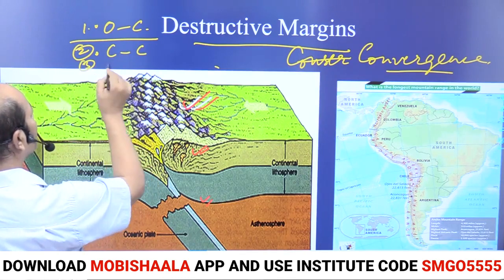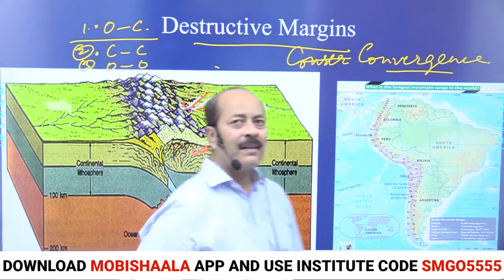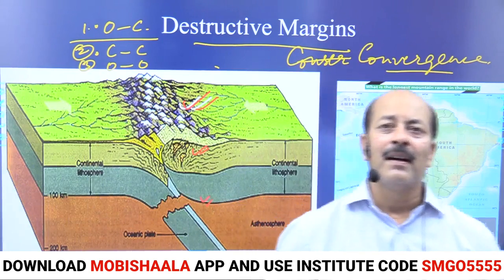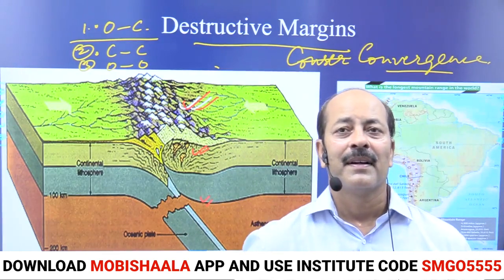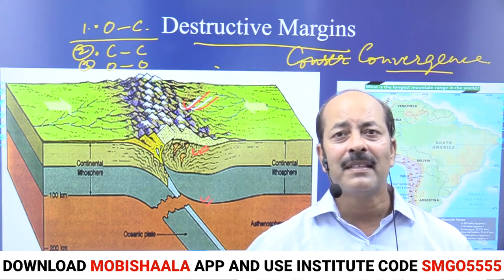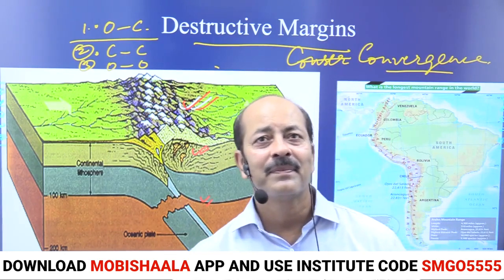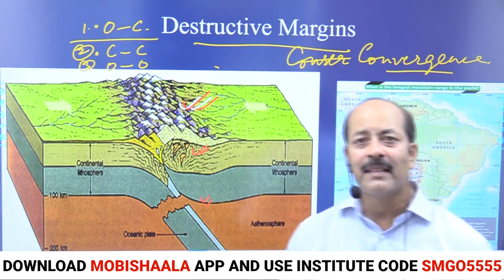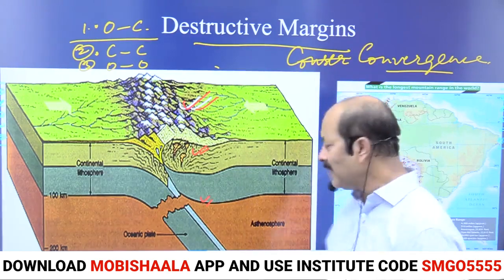And the third, ocean-ocean convergence. So there can be three conditions of convergence.